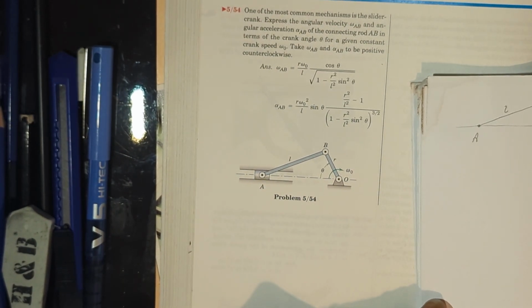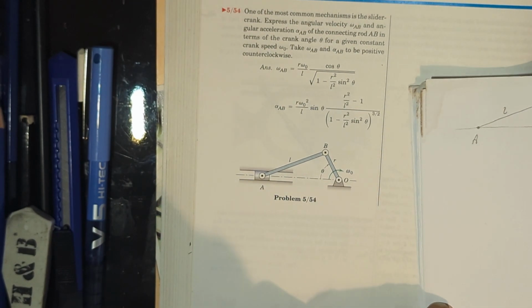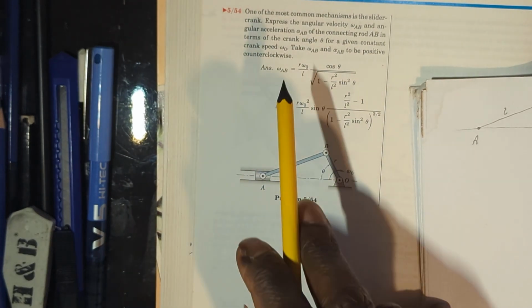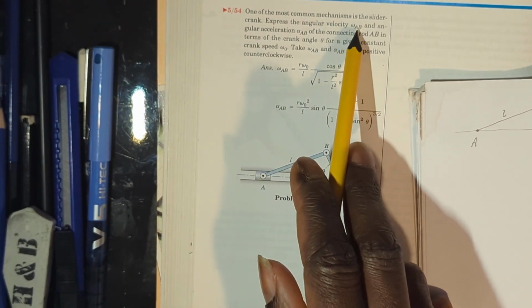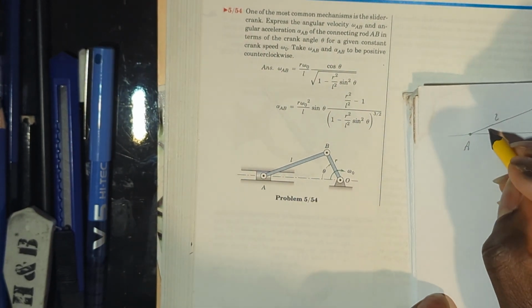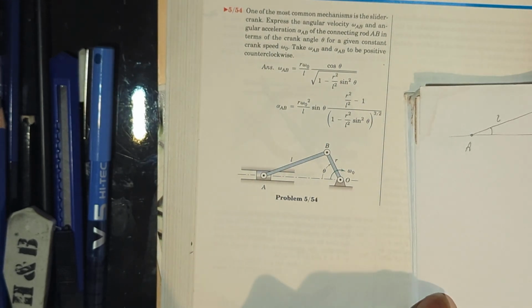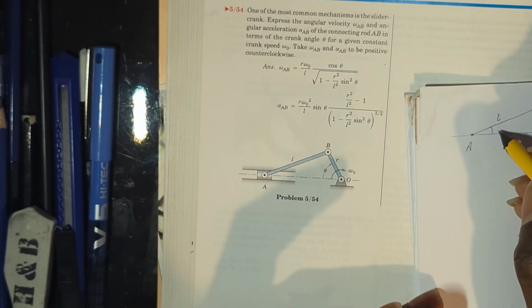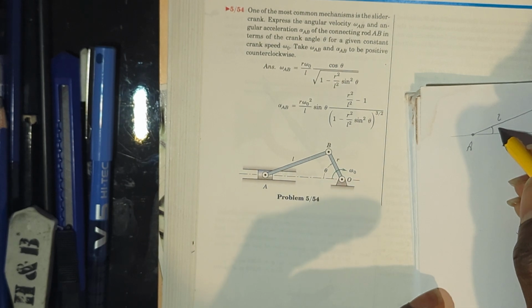Let me just write this here. Theta dot is omega naught. Also, we want to find the angular velocity, omega AB. Let me name this angle rho.